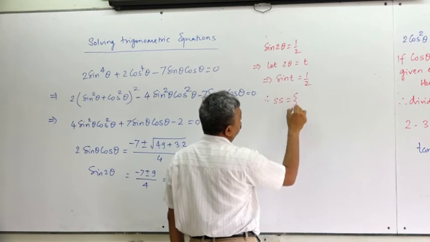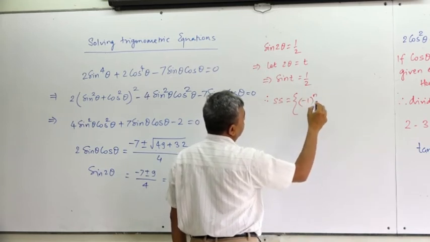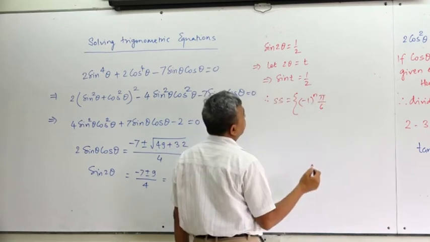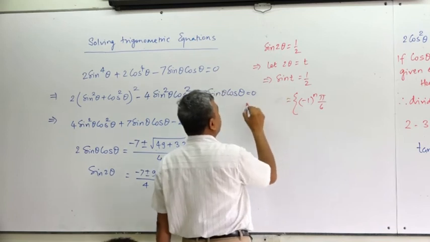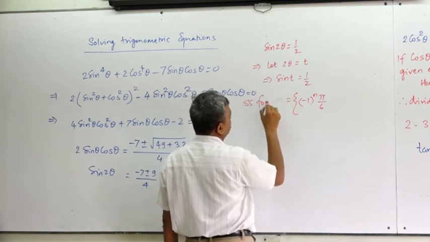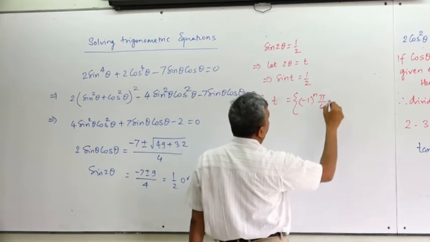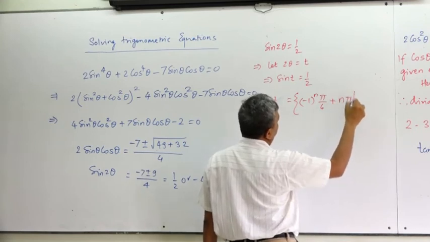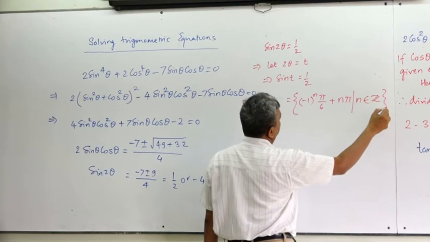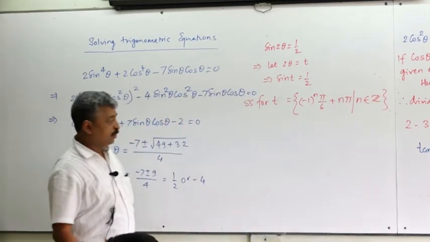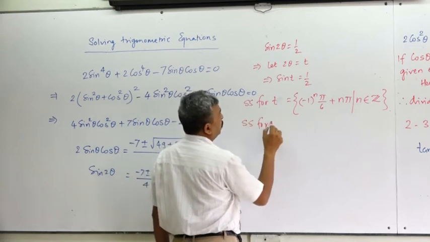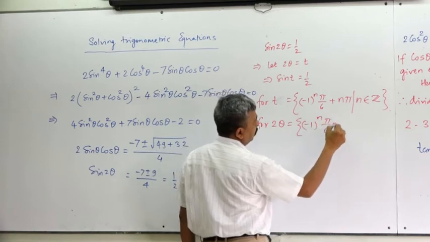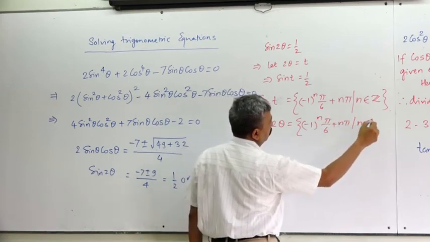The solution set is minus 1 raised to n theta naught, now we know pi by 6, plus n pi, where n belongs to Z. So this is our general solution set for t. So the solution set for 2 theta is minus 1 raised to n pi by 6 plus n pi, for n belonging to Z.